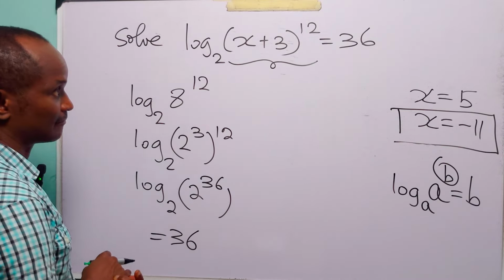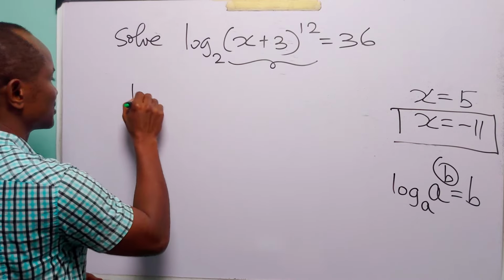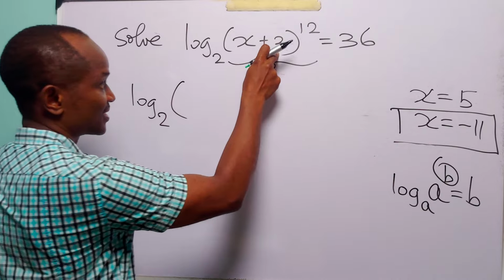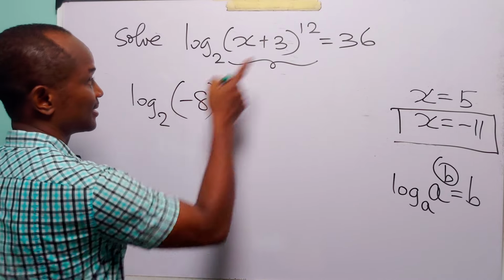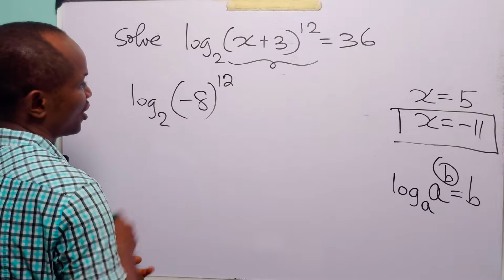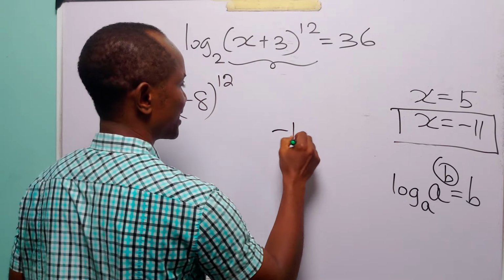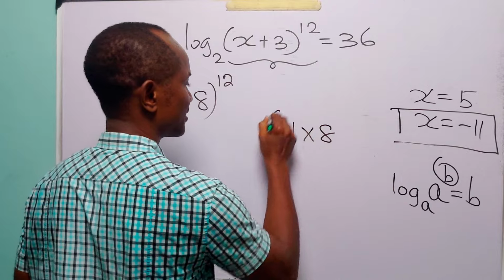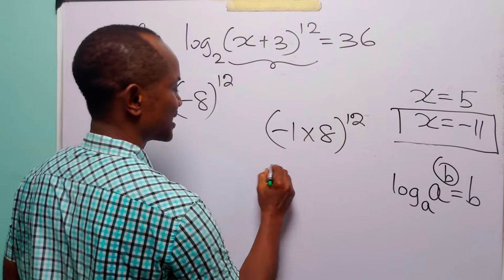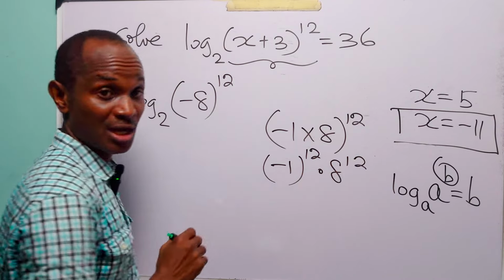And when x is equal to minus 11, the left-hand side of this equation becomes log base 2 of minus 11 plus 3, which is minus 8, and this is raised to power 12. Now, of course, you know that minus 8 raised to power 12 can be written as minus 1 times 8 raised to power 12. And this is the same thing as minus 1 to power 12 multiplied by 8 to power 12.